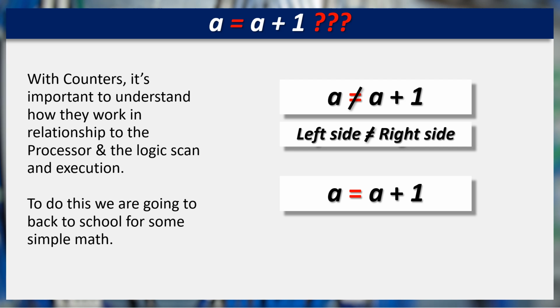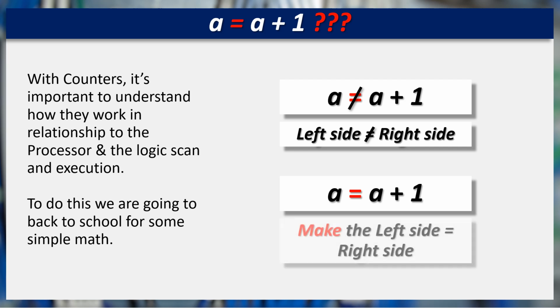The equal sign does not mean that the two halves are the same, but rather make them the same. In other words, A is equal to A plus 1 is actually read and interpreted as make A equal to A plus 1. It's a way of adding to a register and continually adding that amount without having to create multiple registers.